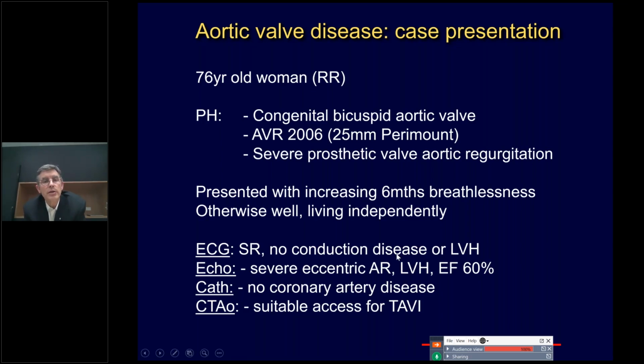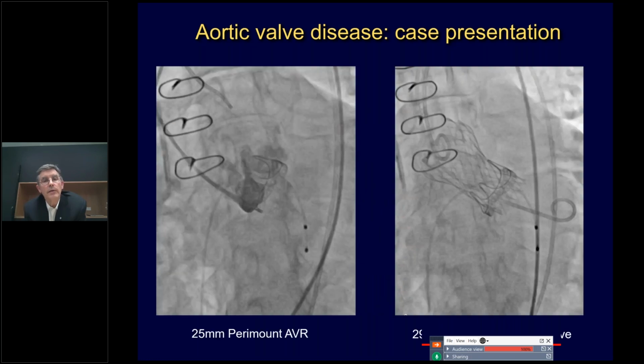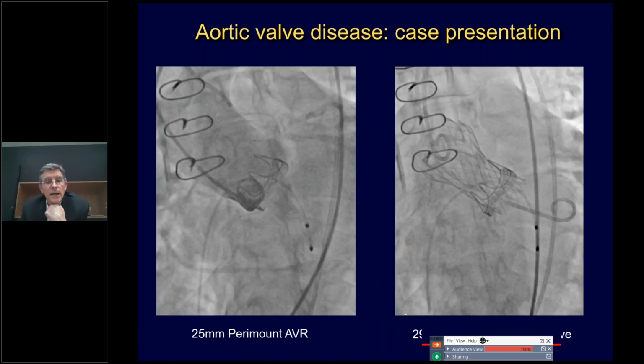She had no conduction disease on her ECG, she had eccentric AR, no coronary disease, and good access to her valve from the leg. So at 76, someone who's already had one operation, our heart team felt it reasonable to offer her a valve-in-valve TAVI, and that's not the point of this exercise.